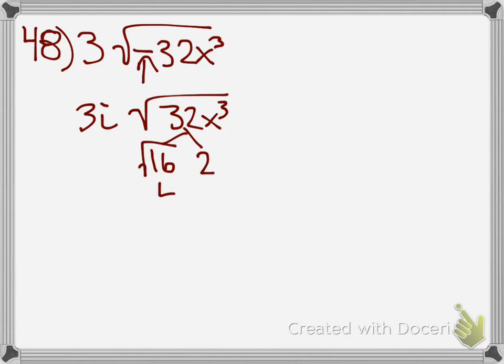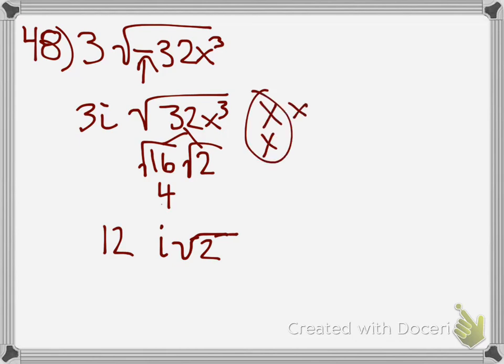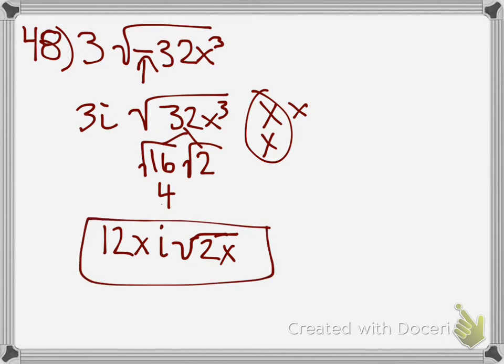The square root of 16 is 4. 4 times 3 gives me 12i square root of 2. x cubed means I've got 3 x's. That means I've got one group of x's that can go outside and one that stays in. So that's all you've got to do for that one. The order won't matter, but it is preferred that it goes number, variable, i, radical.